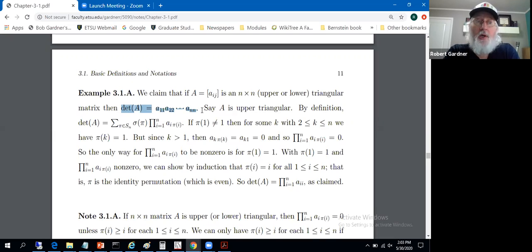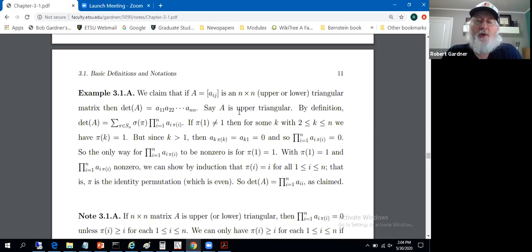Unless those row operations change the determinant. And sometimes they do. But you know how they do, and we're going to cover that shortly as well. But the claim is, upper triangular matrix, say, determinant is the product of the diagonal entries.